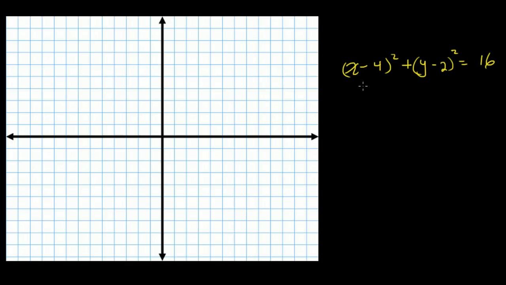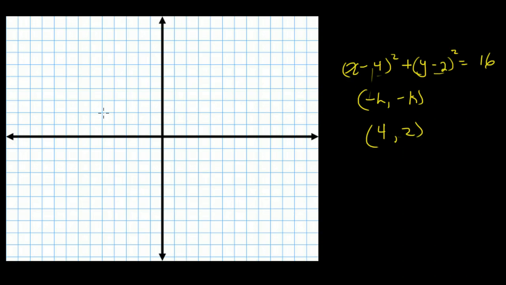So in this case, we do have a horizontal and a vertical shifter. We know that our center point is now the opposite of h and the opposite of k. So the opposite of this h would be a 4, and the opposite of this k would be a positive 2. And basically what we're doing is we're looking for the point that would be the new origin. So the equation tells us that the new origin is 4 and 2.